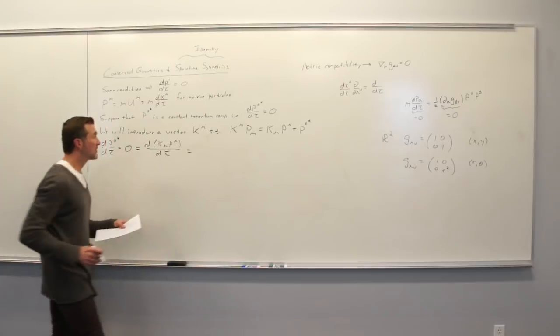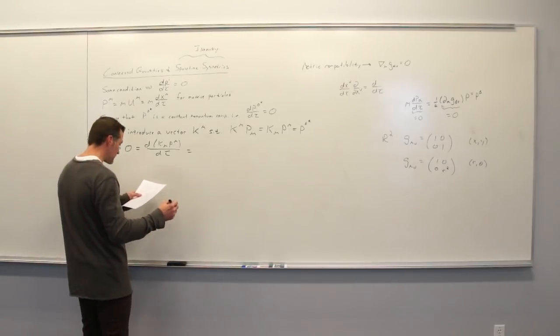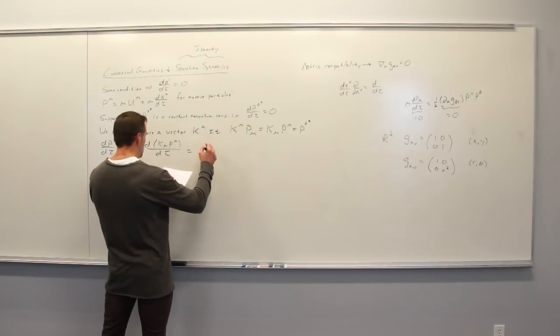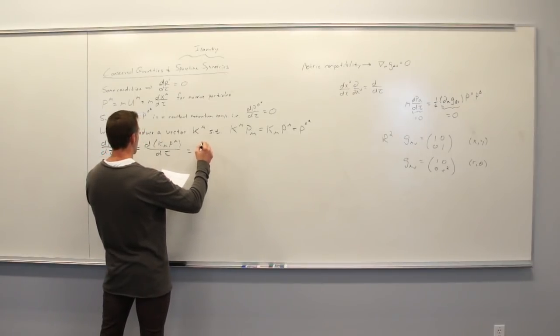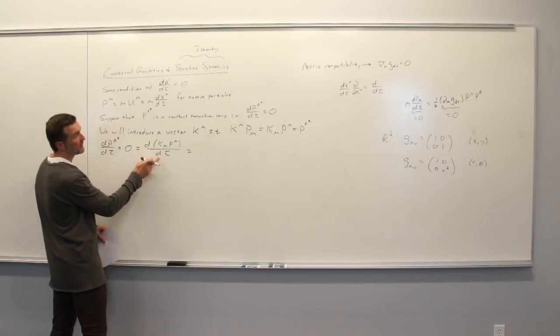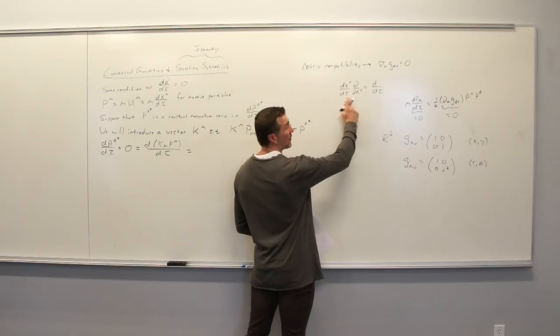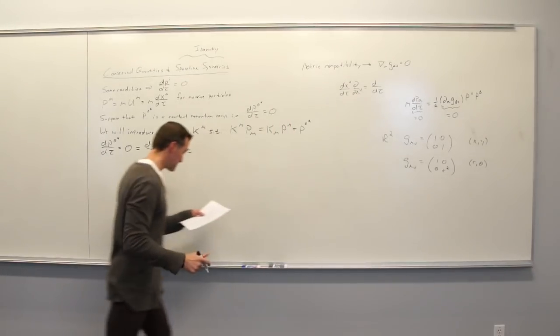Right? And now we're going to play the same game that we played on the previous derivation. We're going to break this up. So this is the directional derivative of this quantity, which I can, of course, break up using a coordinate description.